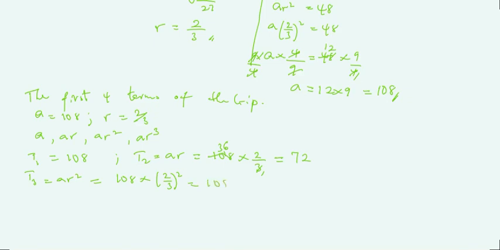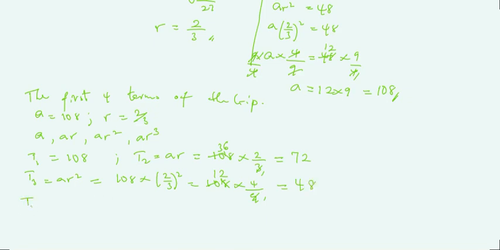So we now have 108 times 4 over 9. So 9 divides into 18 twice. So you have 12 times 4, which is 48. This is our third term.